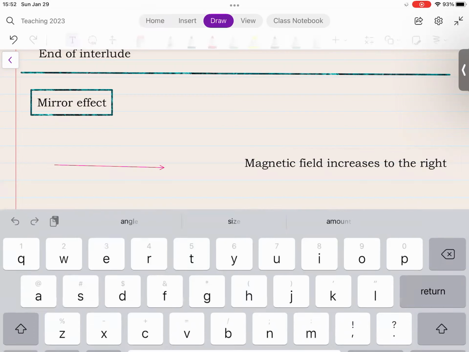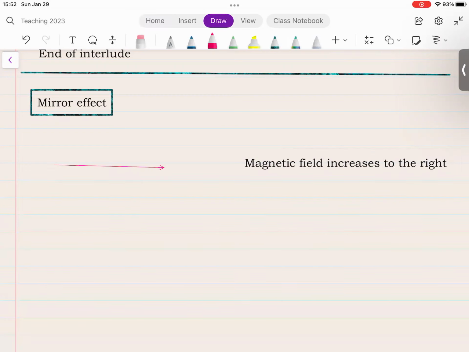Now, if that is the case, then I can plot my magnetic field lines as starting from a certain distance from each other and getting closer to each other.